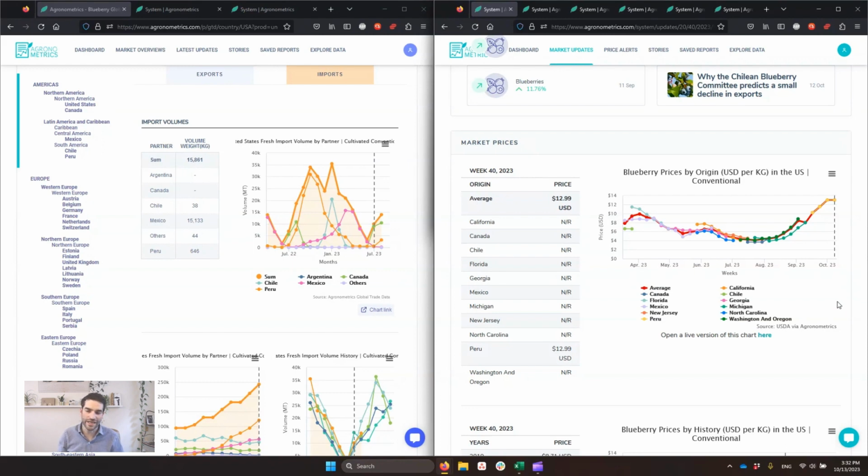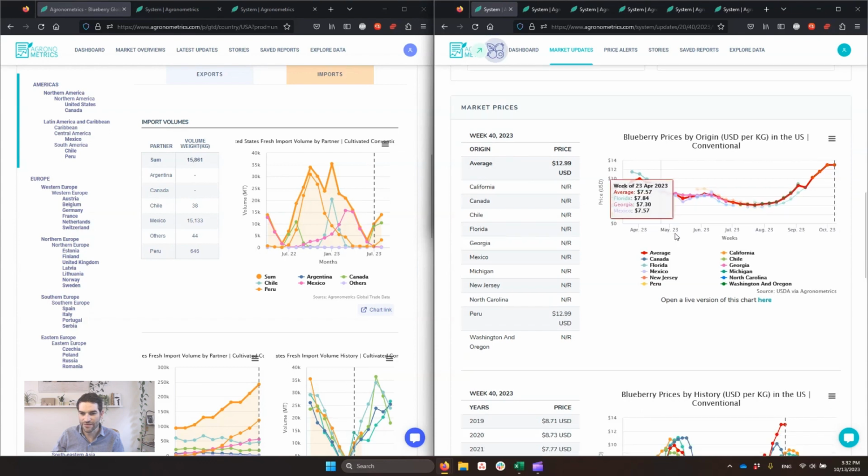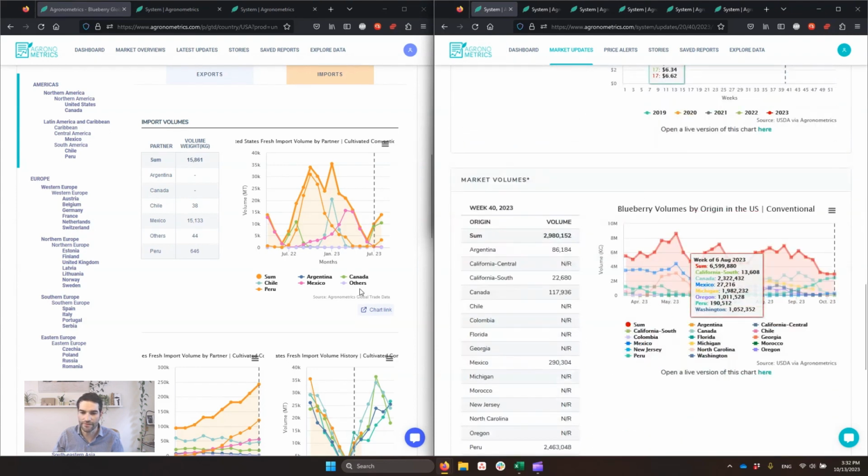For the sake of ease of use and because it's kind of the industry standard, what we've done is consolidated this into weekly inputs. What we have in the global trade data is monthly data. That is the highest resolution that the service makes available. That's for both pricing and volume.